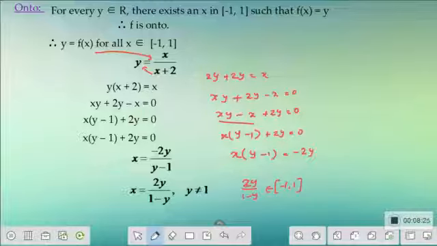So this can take every value except 1. For all these elements, you have an element called y, which is nothing but x by x plus 2, which is an element of the set of real numbers. So you are able to find an element, and hence it is onto, and that element is in the form 2y by 1 minus y.